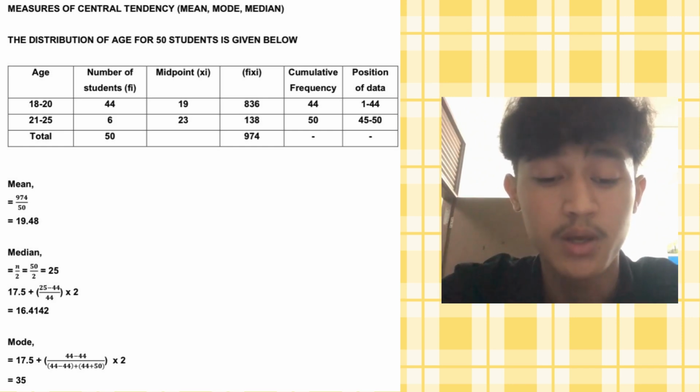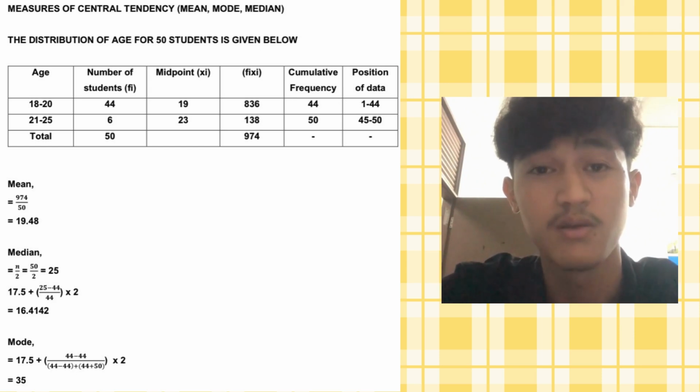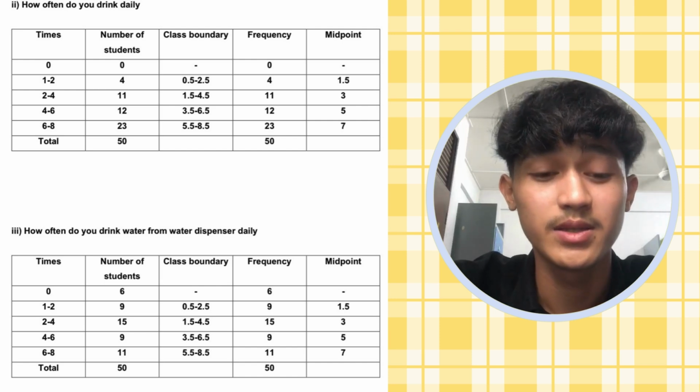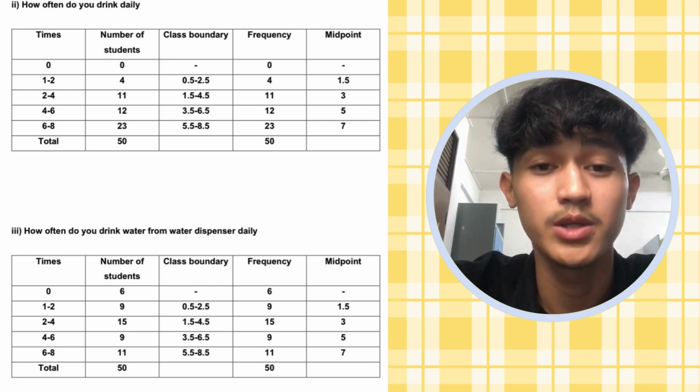For mod, 17.5 plus in bracket 44 minus 44, 44 minus 44 over 44 minus 44 plus 44 plus 50 times 2 equal to 35. Next slide title is drinking habits of student.